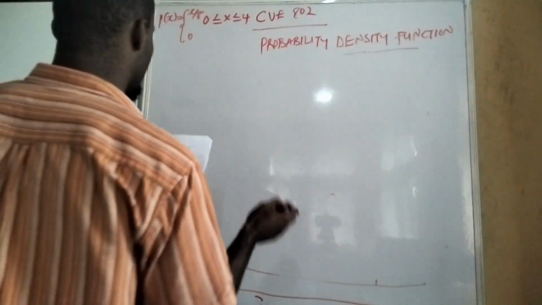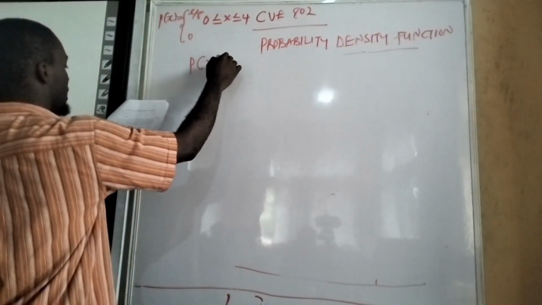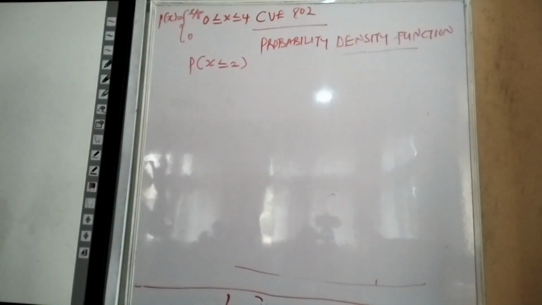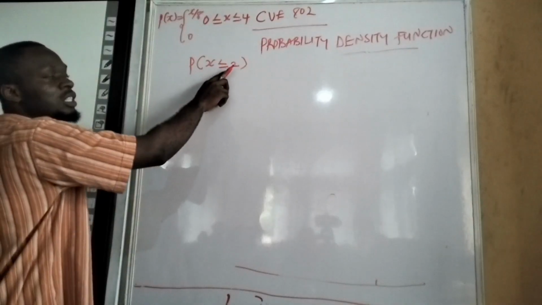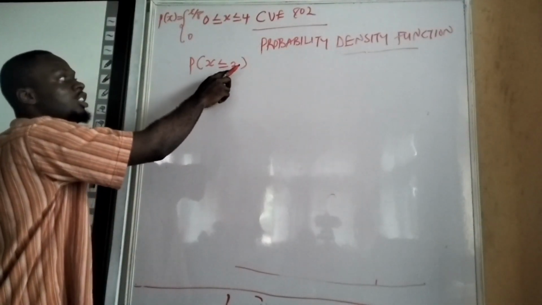So the next one is we should look for s less than or equal to 2. You see that first of all, we put this on our number line. But this one doesn't have a lower limit.